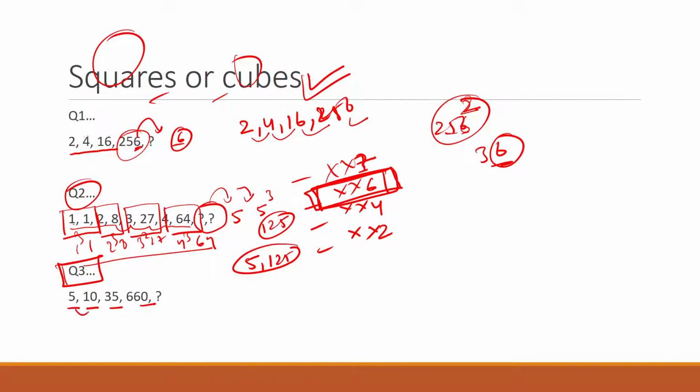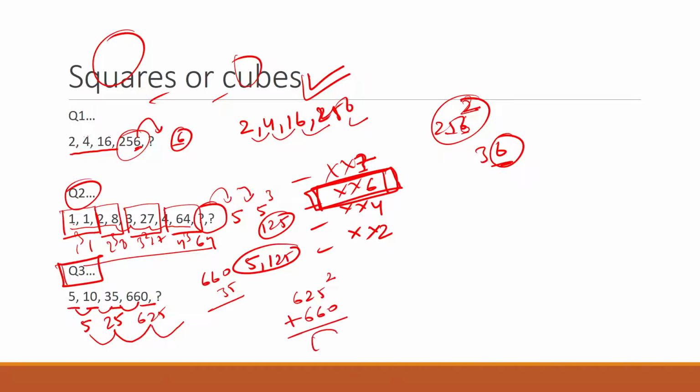Let's take the difference for the first term, 5, and this is 25, and this is 660 minus 35, that will give me 625, yes. And so you can figure out here that 5 square is 25 and 25 square is 625. So the next term would be the square of 625, 625 squared plus this term, that is 660.